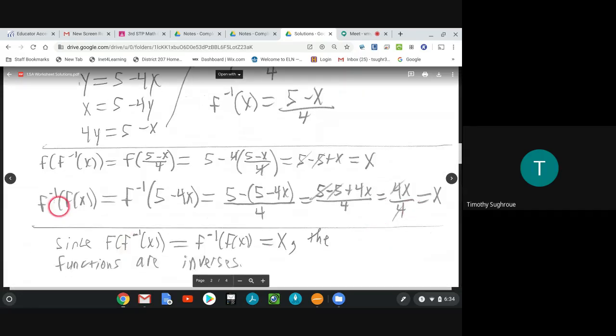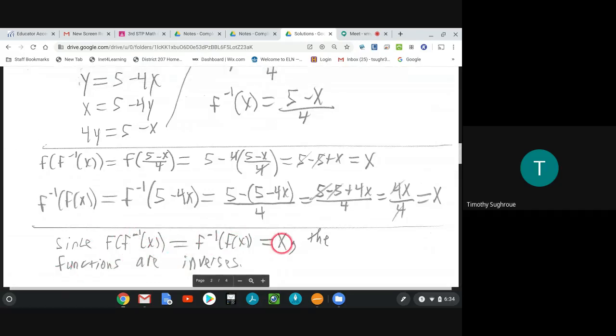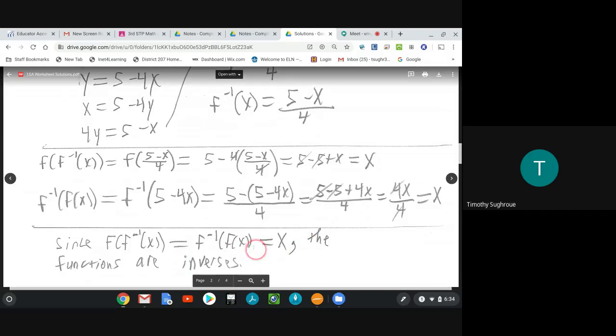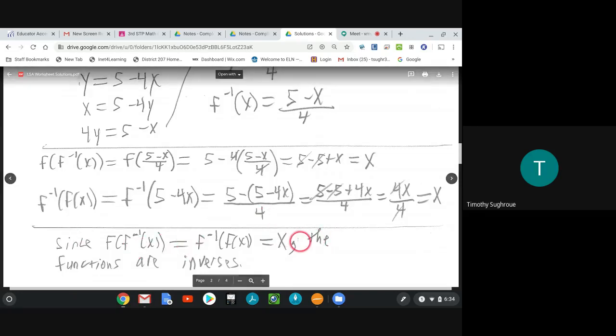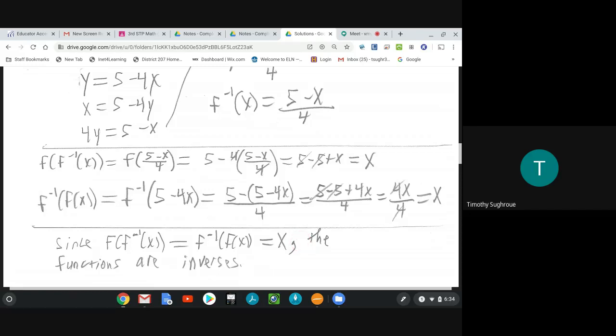Remember, we're going to write the summary statement each time. Since f of f negative 1 of x equals f negative 1 of f of x equals x, the functions are inverses. It's always the same statement. We're not writing it because it's difficult. They essentially tell you what you're supposed to be verifying, but we want to get used to writing. Since this is true, then this is true.